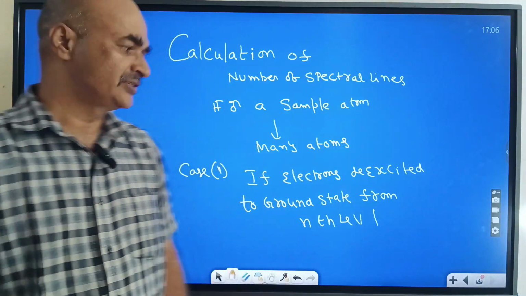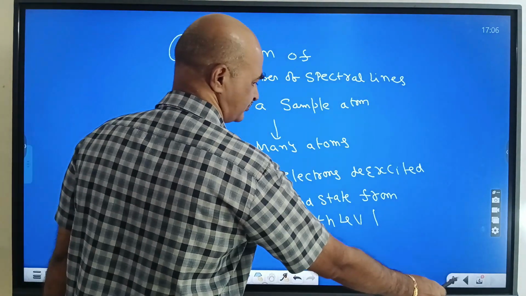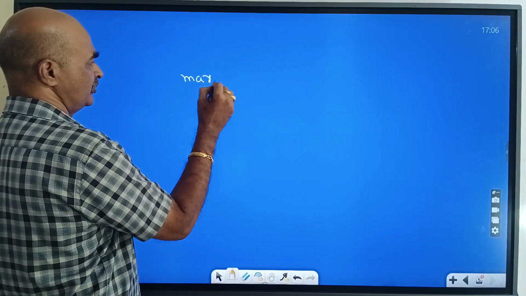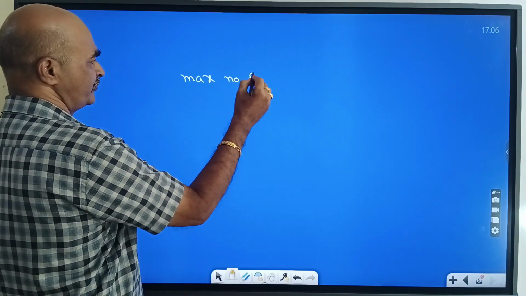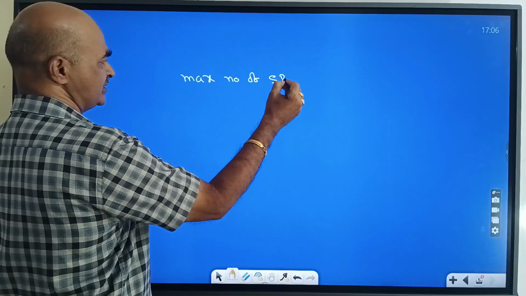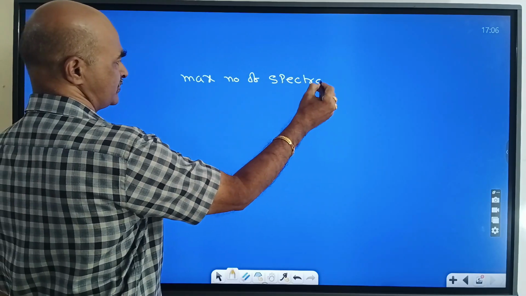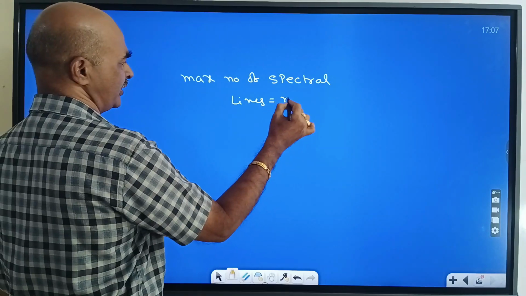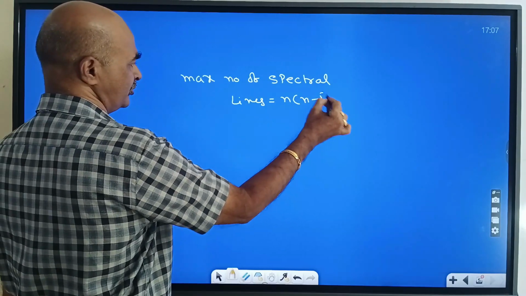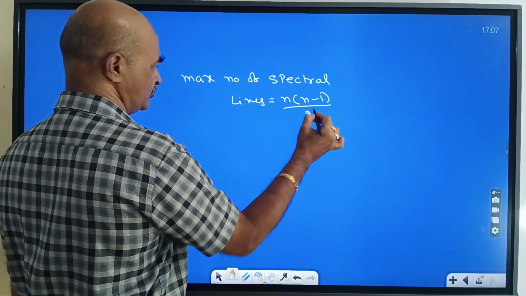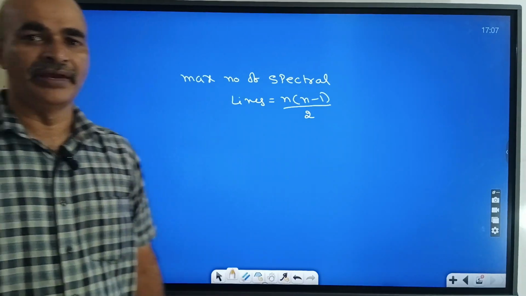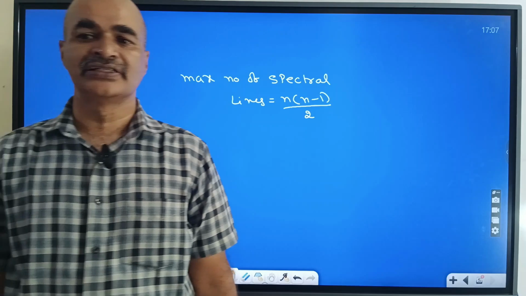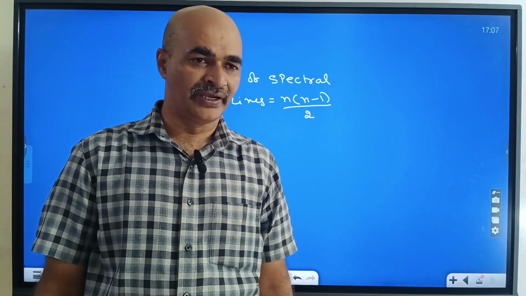In such a case, the maximum number of spectral lines is equal to n into n minus 1 by 2.